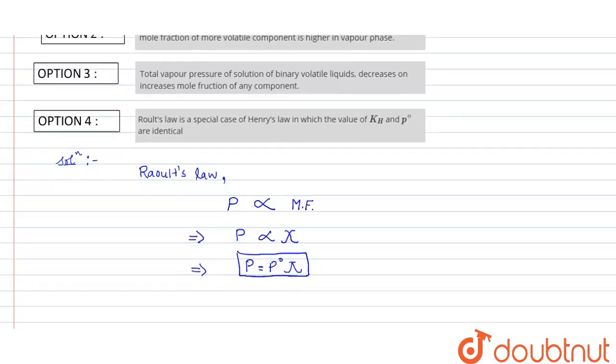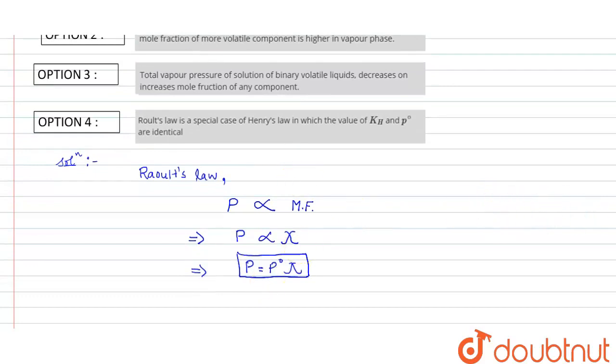Let me specify what these terms are. Here chi, as I already mentioned, stands for the mole fraction of the component.